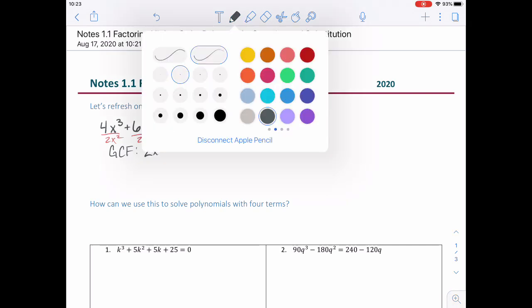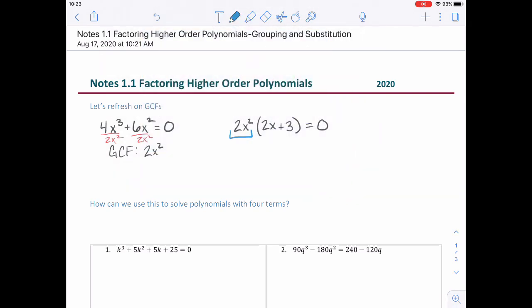To solve, we take each of our factors and set them equal to 0. Here we have 2x squared equals 0, and then we have 2x plus 3 equals 0. Our linear factor will give us a solution, negative 3 over 2. Our quadratic factor is going to give us a solution, x equals 0.